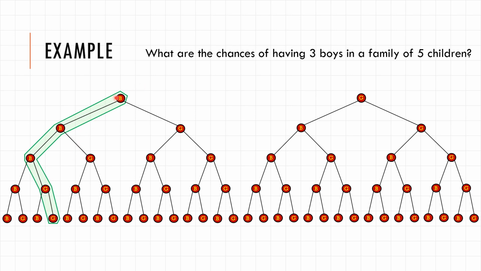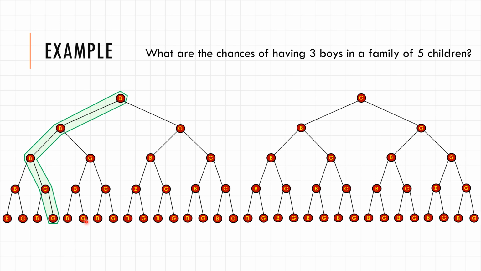And then I'll just go left to right. So the first time, I ended up here, and this was the only path I could go. So these 3 are not options. So instead of taking this path, I'm going to take this path now. Boy, boy, girl. Okay, I have 2 boys, so I could have 1 more boy. If I have a boy, then my last child would have to be a girl.